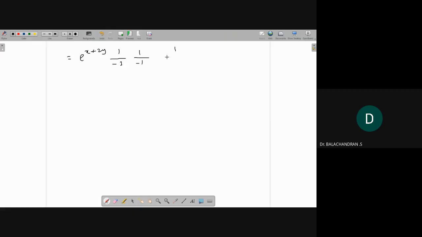So then you can check it. 1 minus of D minus 2D dash divided by 3, into 1 minus of D minus D dash, into 2 plus 4x.